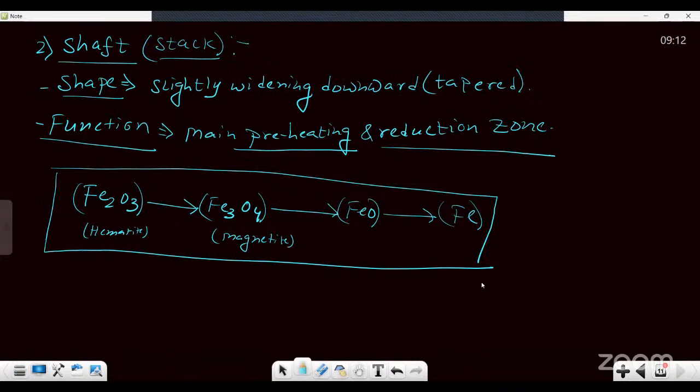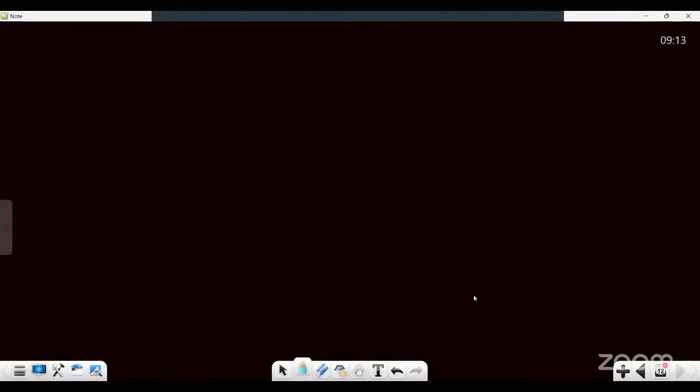In the shaft portion, the temperature is about 400 degrees Celsius to 1000 degrees Celsius. Now I talk about the belly. After the shaft, we go into the belly. The belly is just below the shaft.